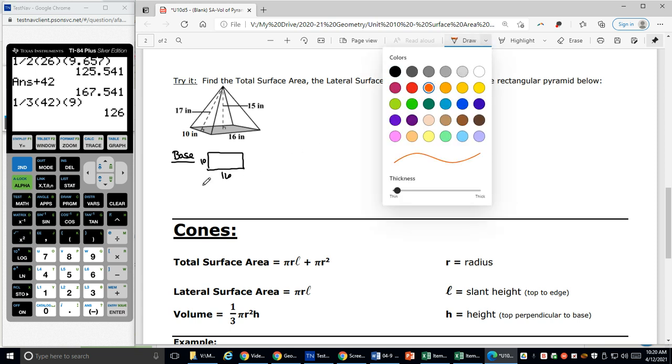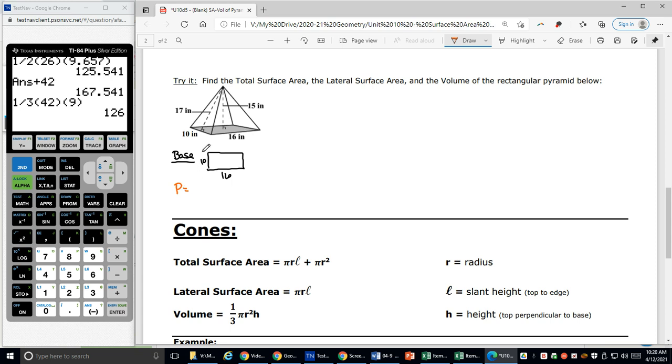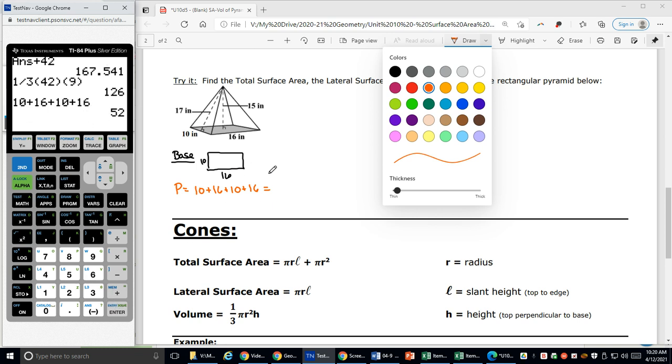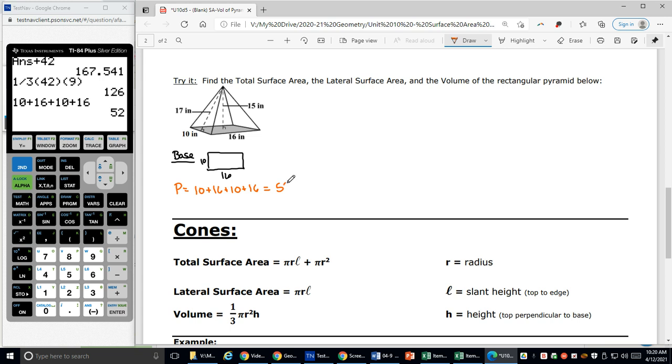So the perimeter of my base is going to be 10 plus 16 plus 10 plus 16, which gives me 52.